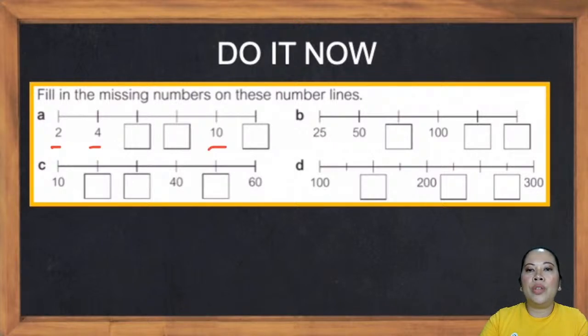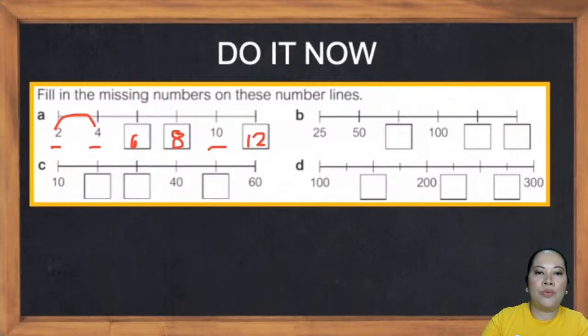So you would know that it's going by 2s. 2 to 4, there's a 2 being added. So 2 plus 2 becomes 4, 4 plus 2 will be 6, plus 2 will be 8, and then 8 plus 2 is 10, 10 plus 2 will be 12. Okay, so that is your estimate.